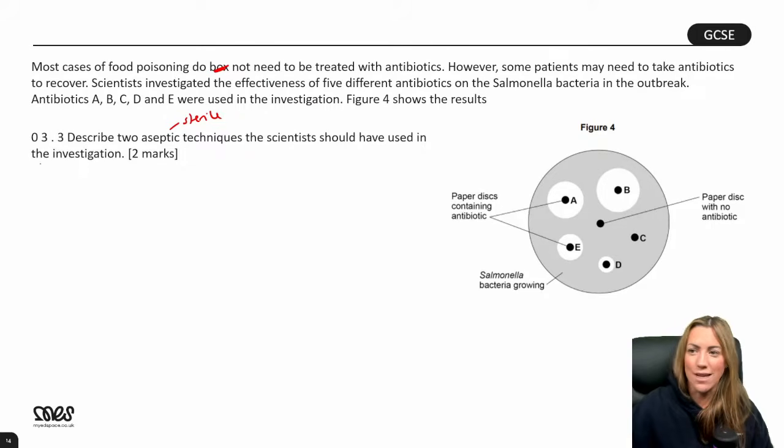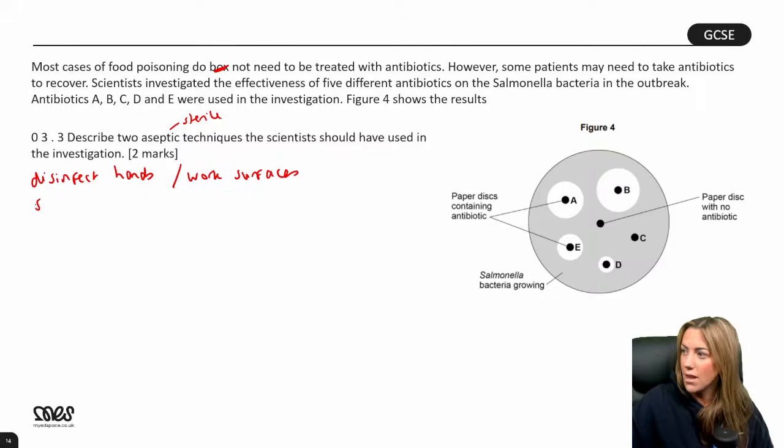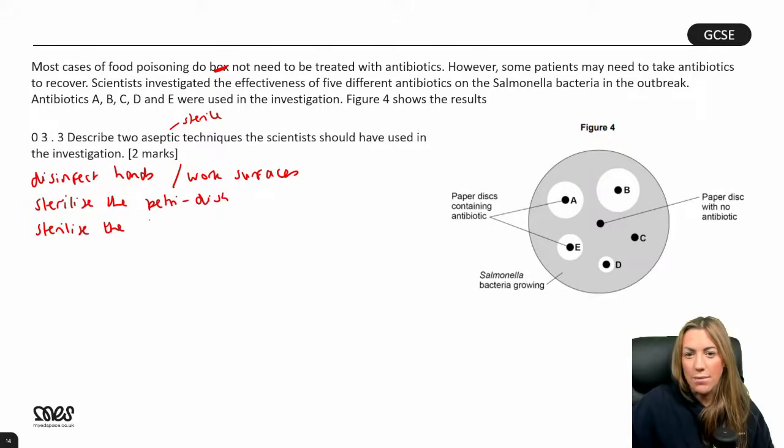There's absolutely loads. Things like disinfect hands or disinfect work surfaces. We're obviously using a Petri dish, so sterilize the Petri dish or sterilize the culture medium or the agar, which is what you're growing the bacteria on in the Petri dish.